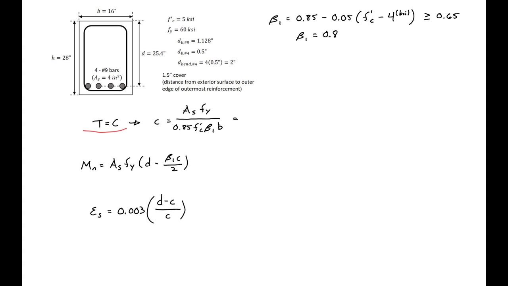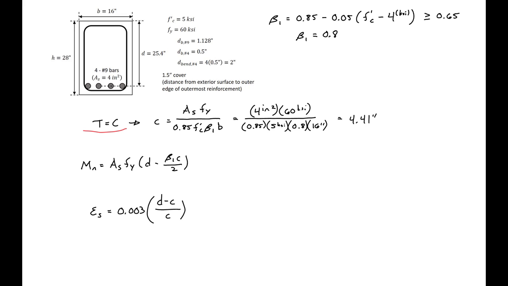So our C is equal to 4 square inches times 60 KSI, which was our tension side, divided by the compression side, 0.85 times 5 KSI concrete times 0.8 beta 1 times our B of 16 inches, which gives us our C of 4.41 inches.